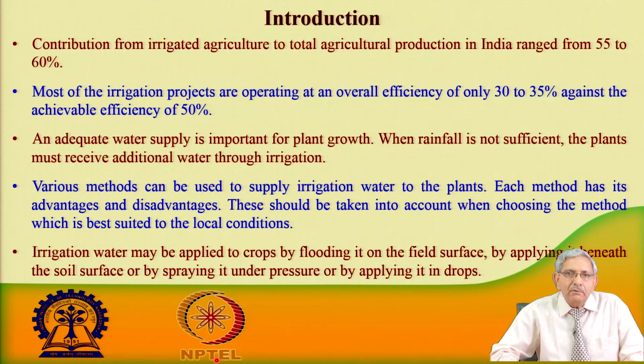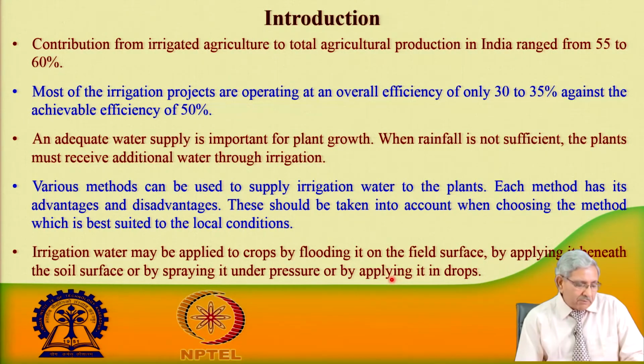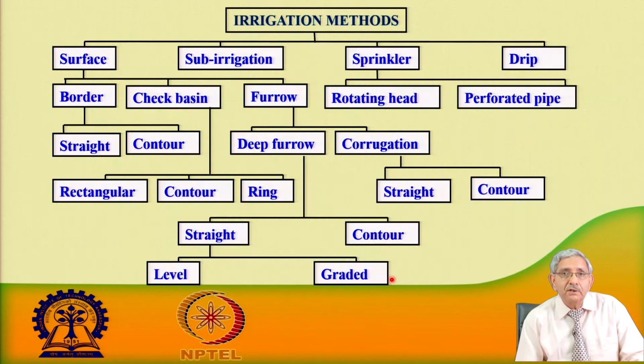So, irrigation water can be applied to the crops by flooding the field, or by applying water beneath the soil surface, meaning the water will come from beneath the soil surface by controlling the water table, or supplying the water under pressure, that is pressurized irrigation, or by applying water in the form of droplets, that is drip irrigation.